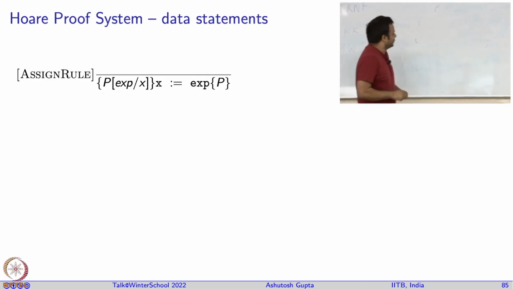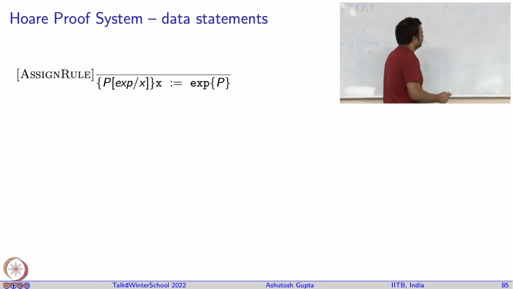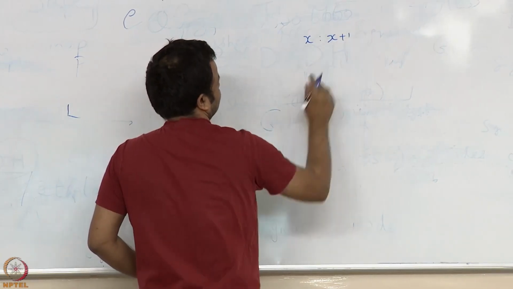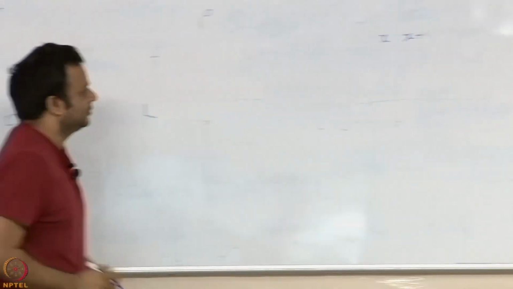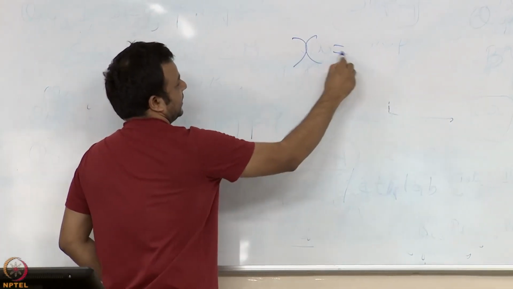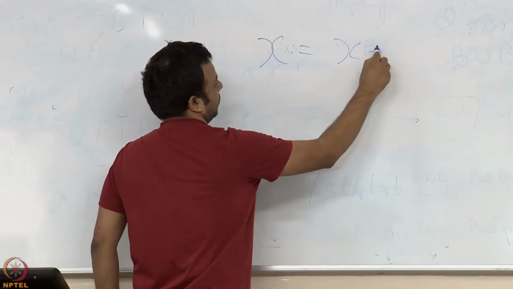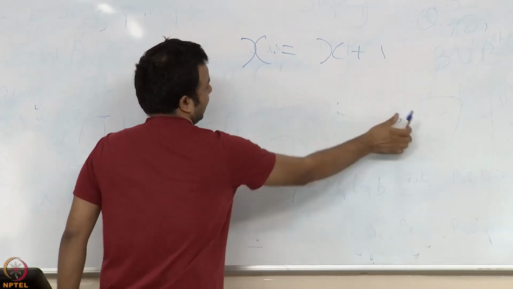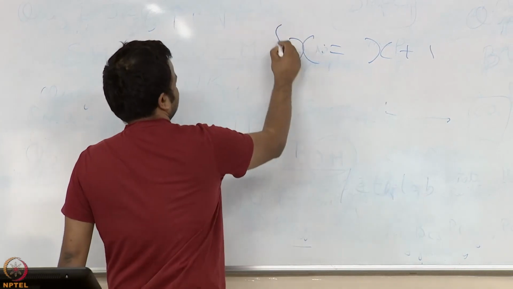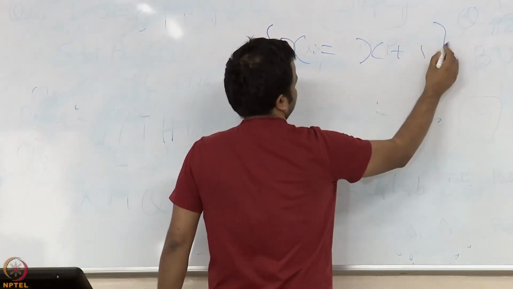What it is saying is, let's suppose I have a statement which says x equals x plus 1. Let's try to understand mechanically what the definition is. This is the program.